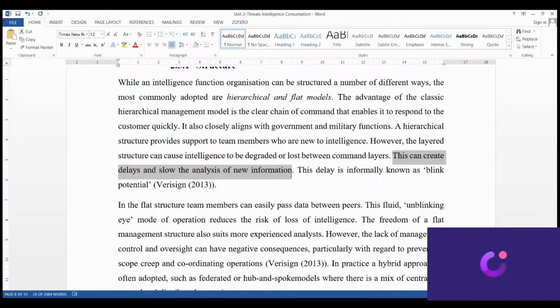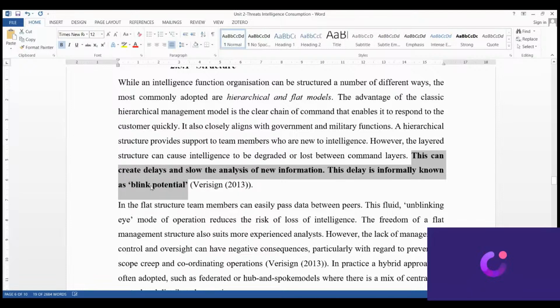This delay is informally known as the blink potential. So in the flat structure, team members can easily pass data between peers.